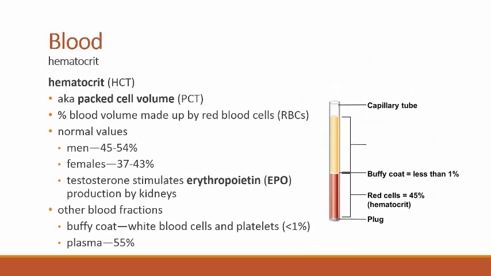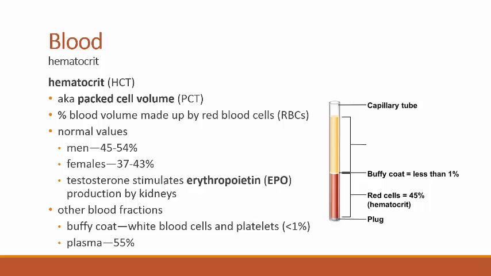Okay, so hematocrit is one of the things that we can measure about blood. Hematocrit, abbreviated HCT, sometimes called packed cell volume, is the percentage of your blood that is made up by the red blood cells.